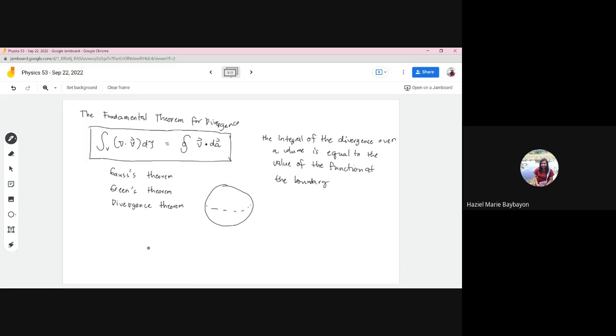Or, in other words, if you have the integral of the faucets within the volume, it is equal to the surface integral of the flow out.